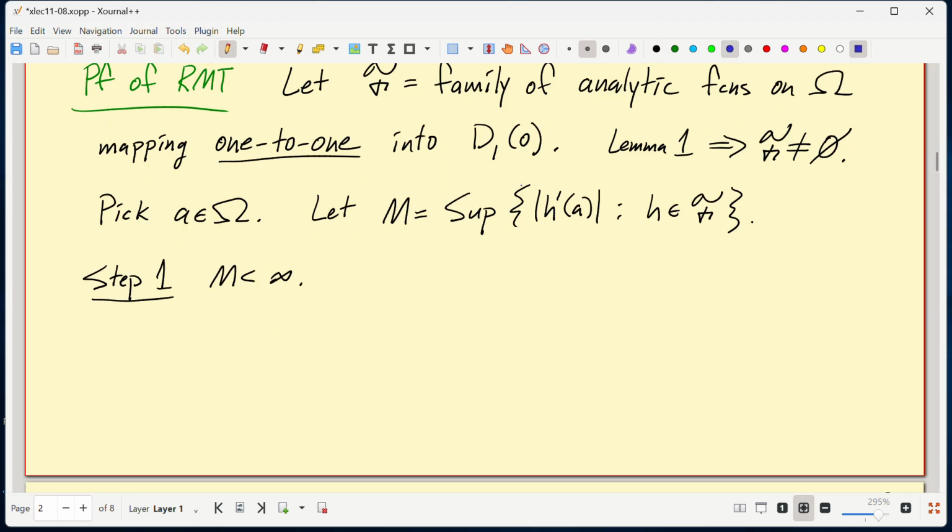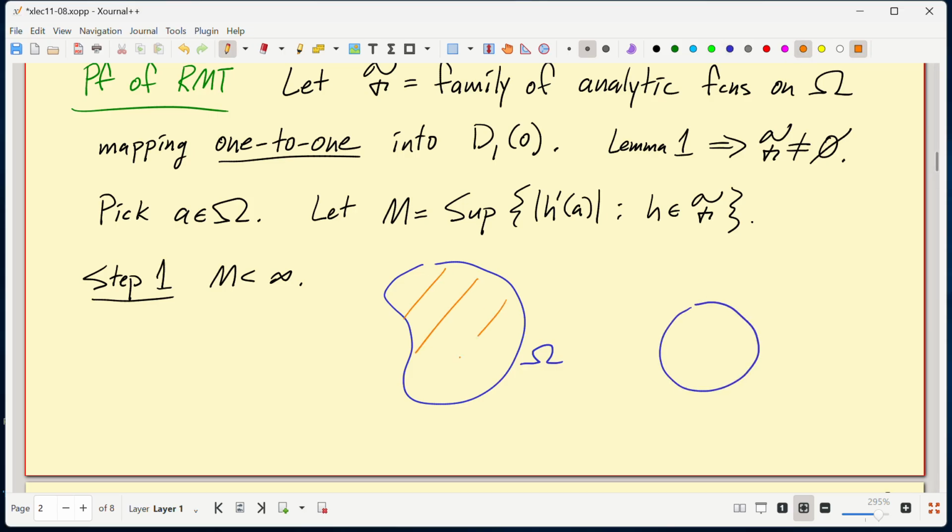Let's see why. Here's omega. We're mapping to the unit disk. Here's A, and we've got a map h that maps into the unit disk.